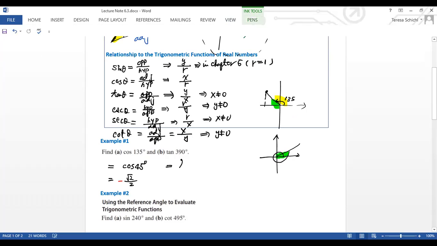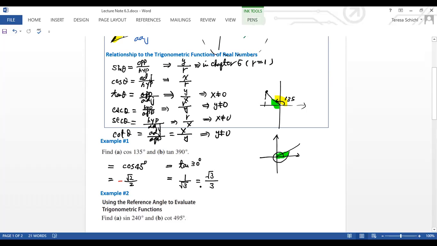This will give you tangent 30 degrees, which is a special triangle like we learned in the previous sections, the 30, 60, 90 triangle. So it will be 1 over square root of 3, or, rationalizing the denominator, square root of 3 over 3. Both are from the special angles.